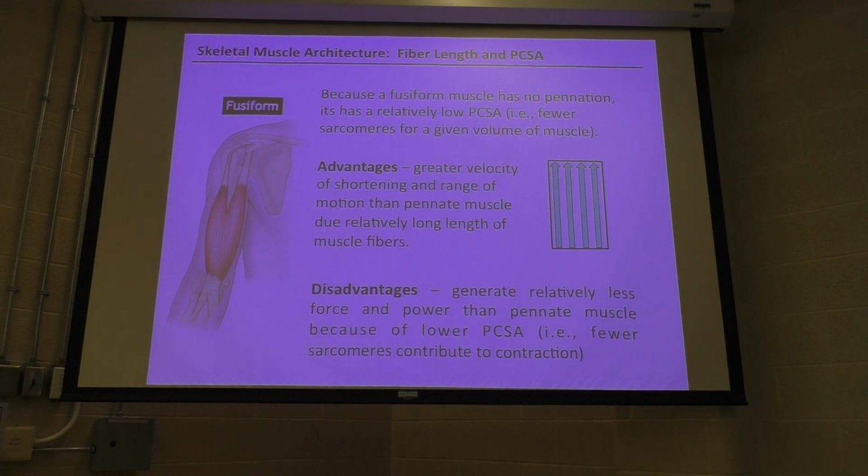All right, so some of the advantages and disadvantages. So fusiform muscles, I guess I may as well should have said it a little bit. So there are different types of these parallel muscles. One of these types is called a fusiform muscle. There's also strap and fan shape. We're not going to go into the different types, but this is the one we're using right now, fusiform.